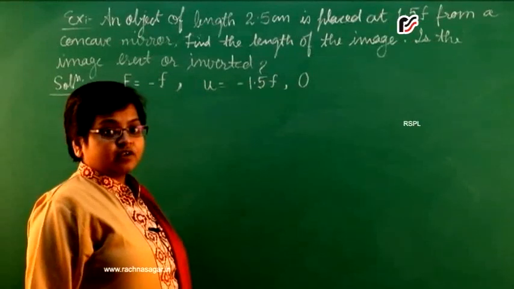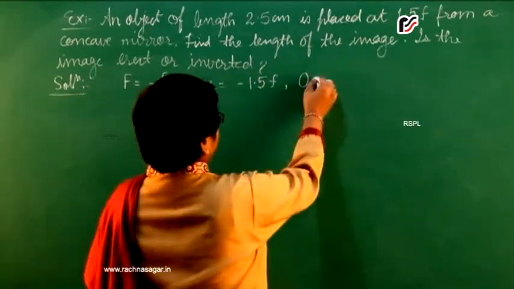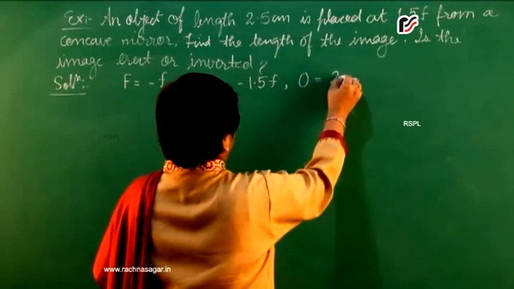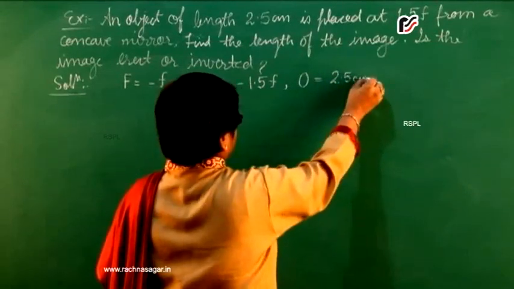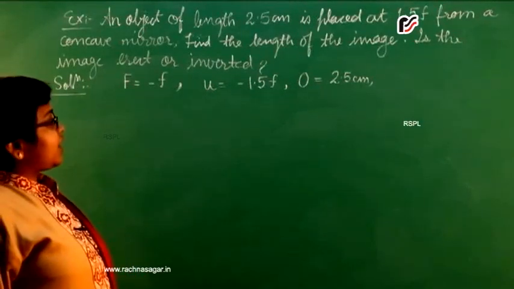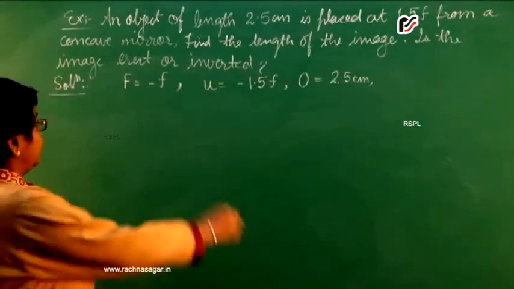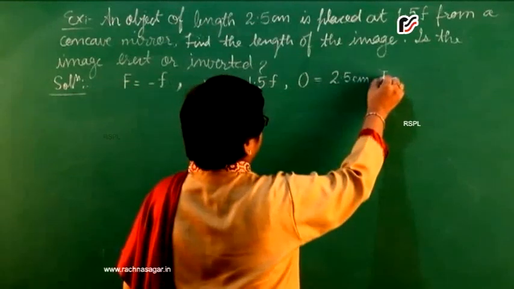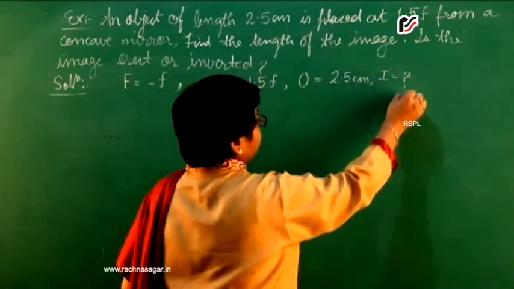The height of the object, O, is given as 2.5 centimeter. We have to find out the length of the image, that is I, and its nature.